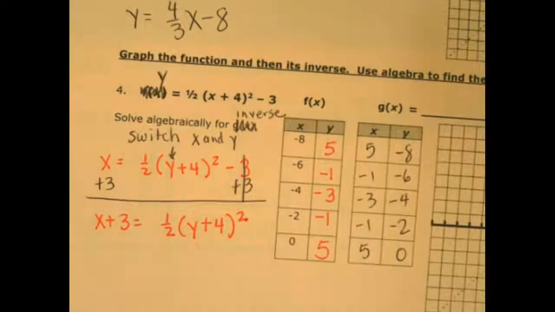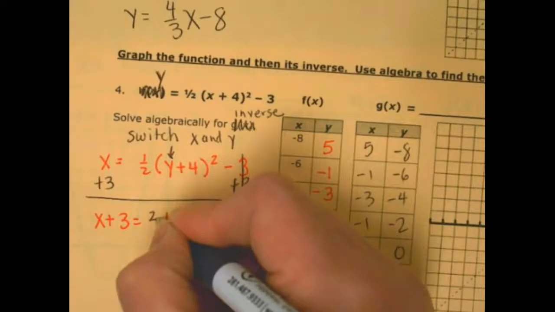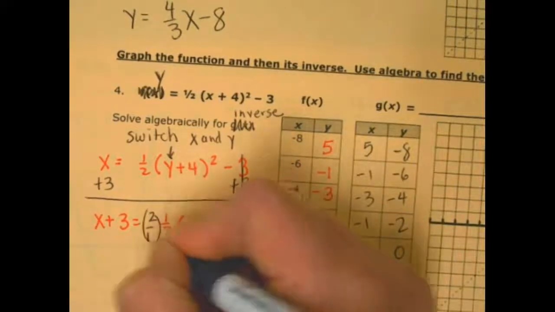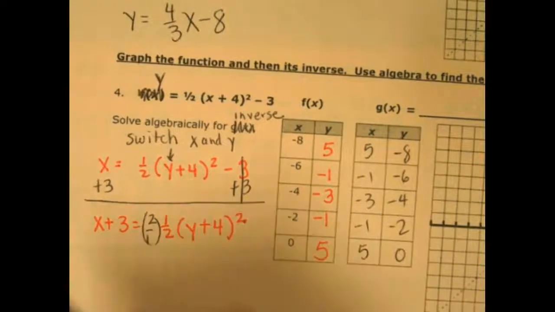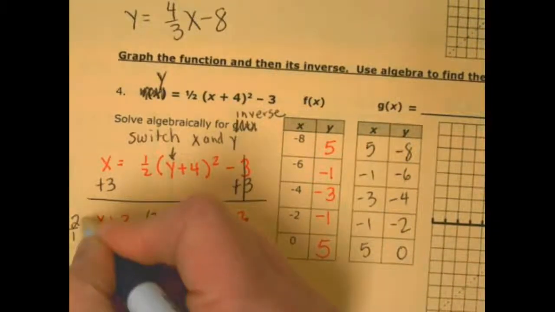So what's another way to get rid of a 1/2? The reciprocal of 1/2 is 2/1. If I multiply this side by 2/1, what do I need to multiply this side by?